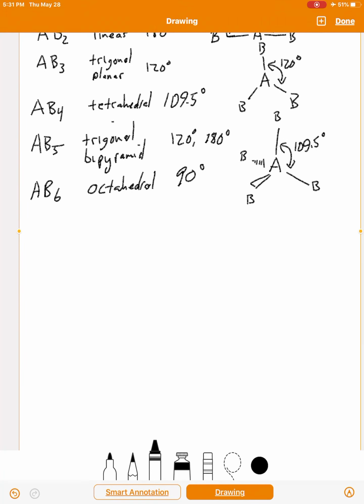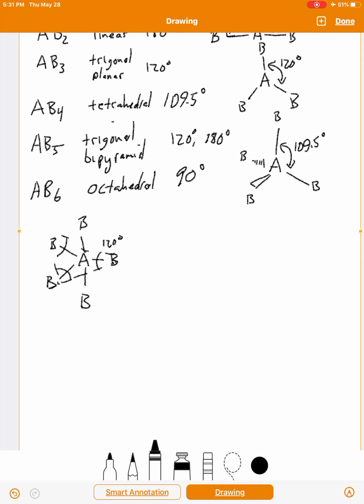The next one is the trigonal bipyramid. So I'll do that one over here. Notice I'm using B in the notation instead of X. Some books use X, some use B. Your textbook uses a B. Okay, so you essentially have a little triangle here in the center. And that's the 120 right there. These are all 120.